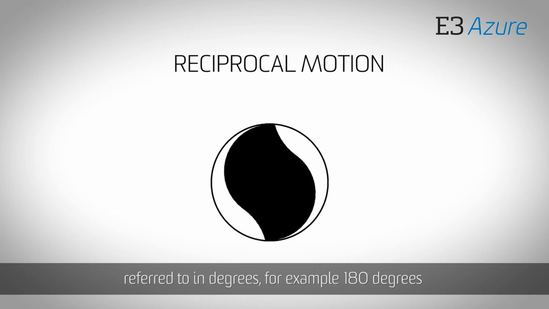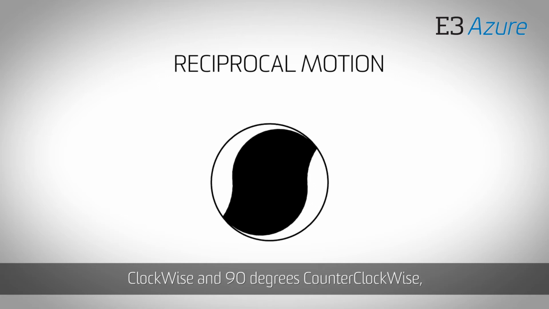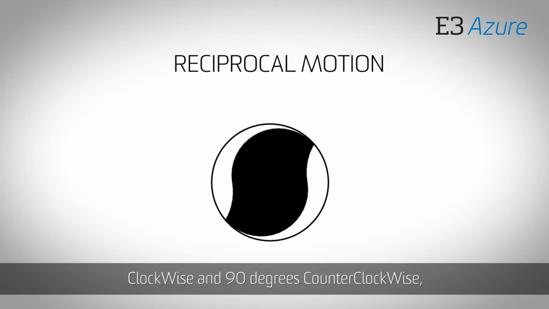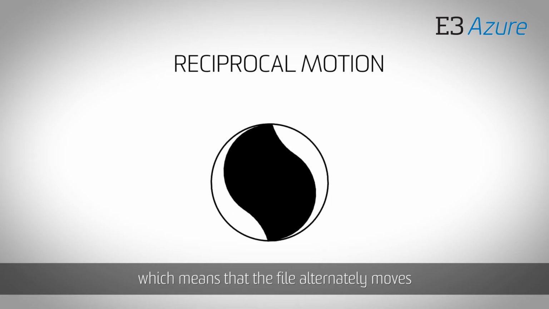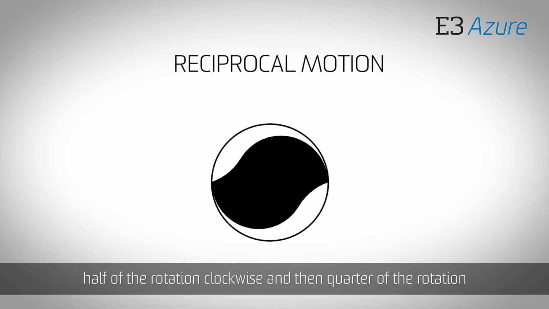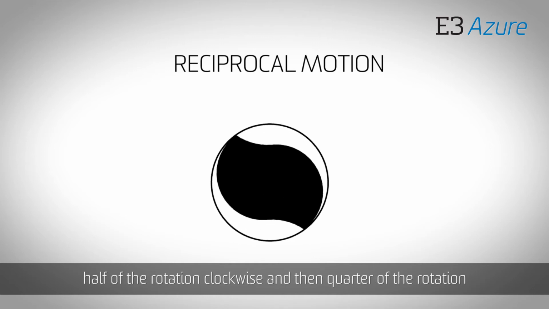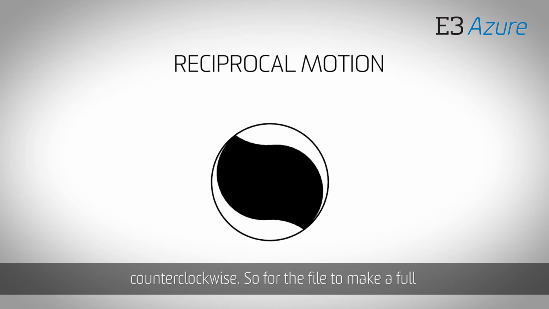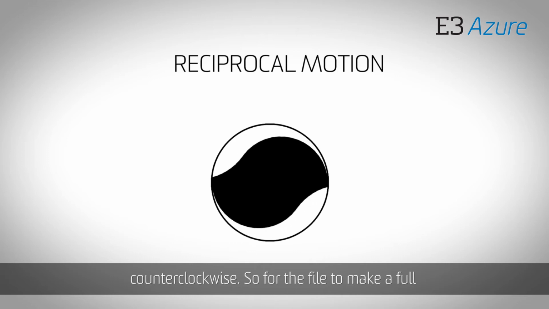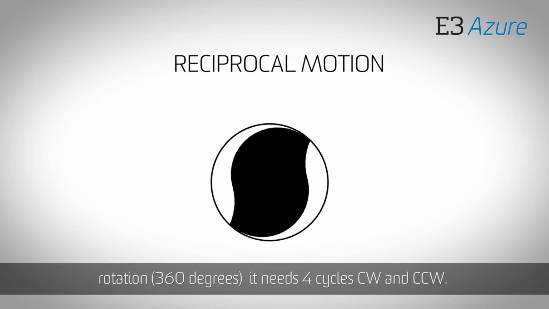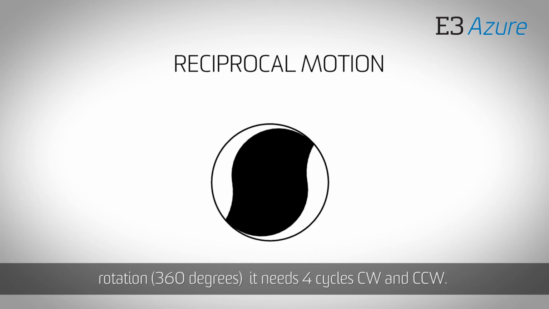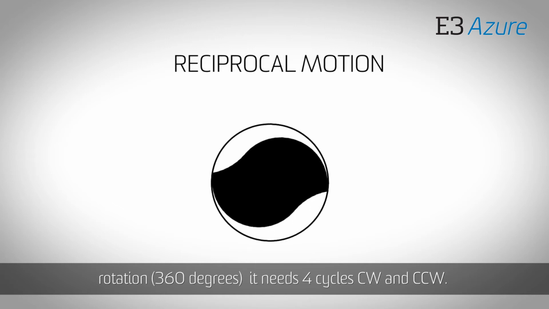For example, 180 degrees clockwise and 90 degrees counterclockwise, which means that the file alternately moves half of the rotation clockwise and then a quarter of the rotation counterclockwise. So for the file to make a full rotation, 360 degrees, it needs 4 cycles clockwise and counterclockwise.